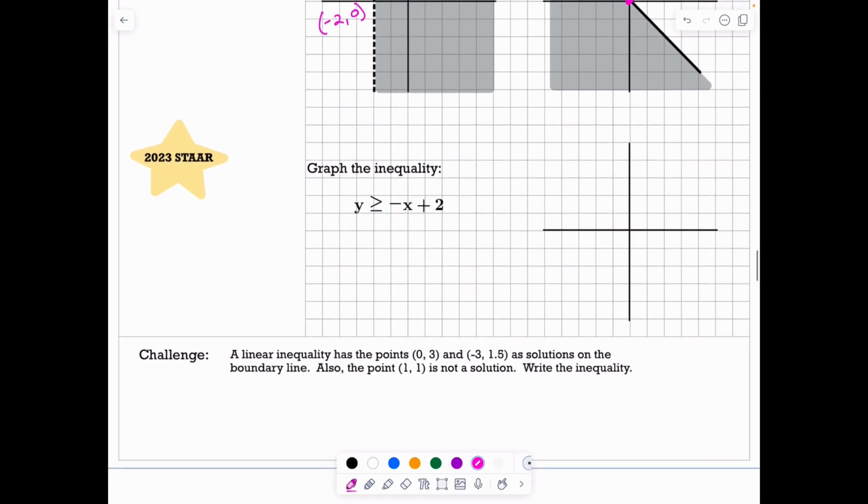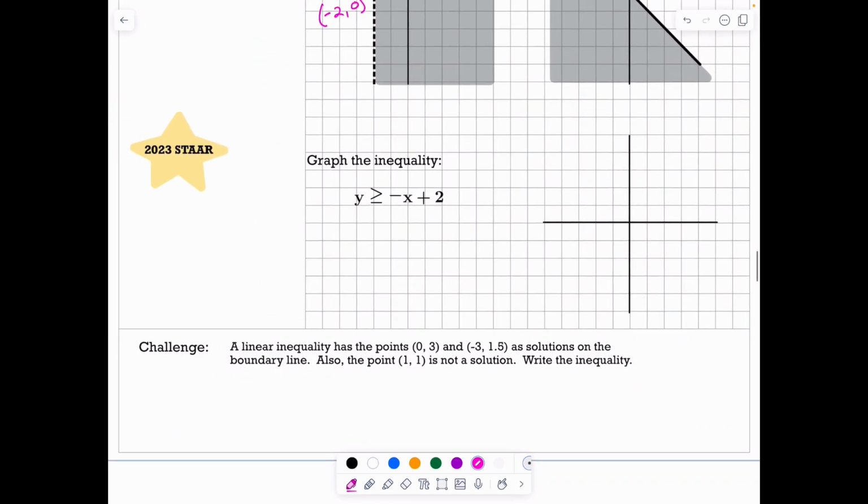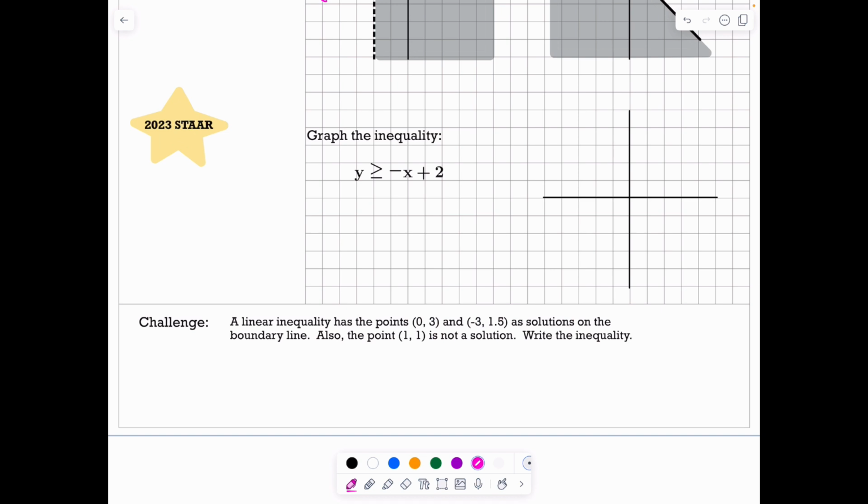All right, next up, this problem came from the 2023 STAR exam. And this was one of 9 problems that was not multiple choice. So you actually had to graph it using the testing format.